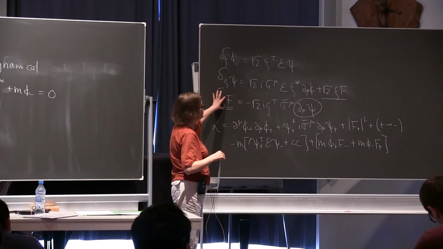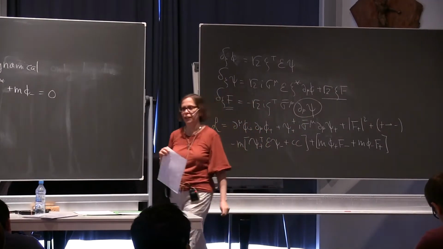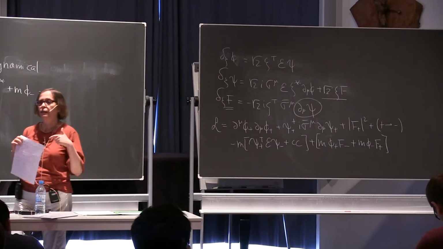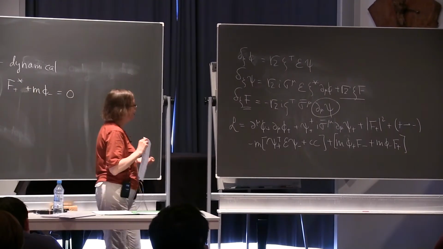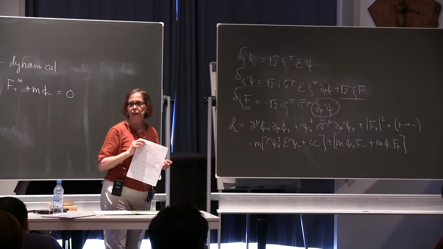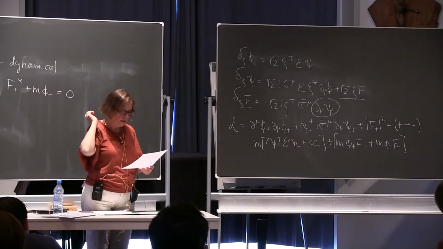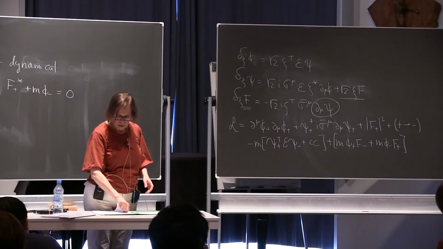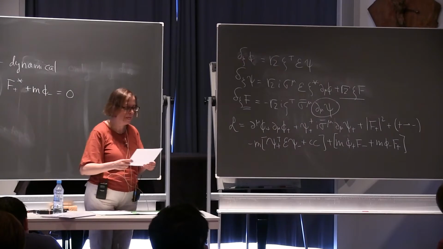This guy has dimension 2, and so this is the only thing that we can write down over here. And that's going to be something that will have significant consequences, as we'll see. So that gives us a simple way to write the Lagrangian.